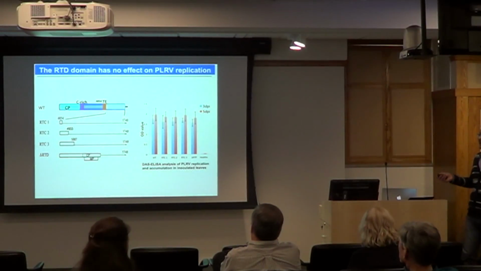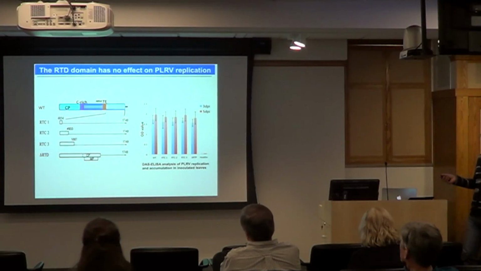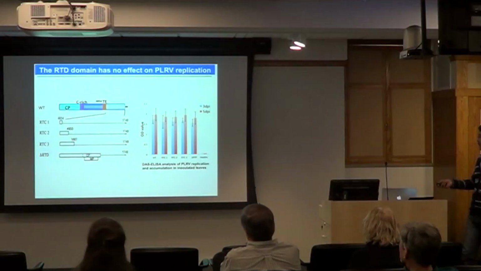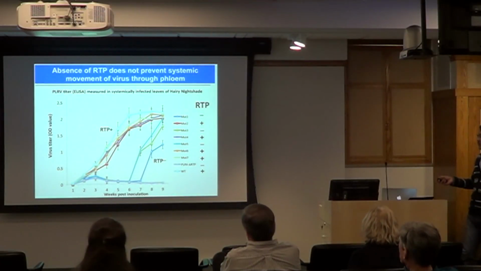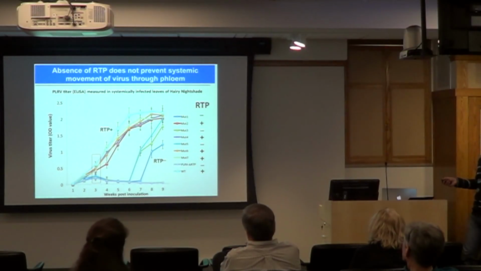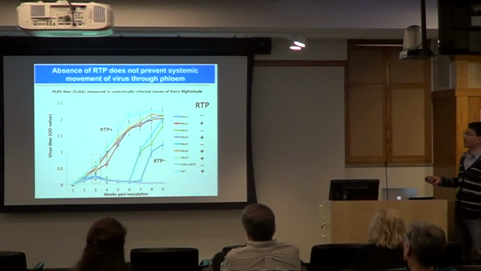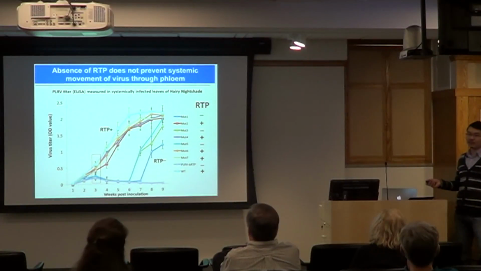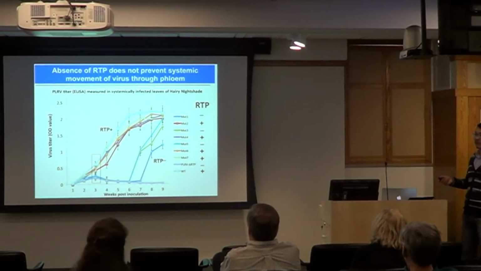This result excludes the possibility that the RTD domain had an effect on virus replication. As I showed you before, we can detect the systemic infection of the RTP mutant as early as 3 weeks, indicating that absence of RTP doesn't prevent systemic movement of the virus through the phloem.